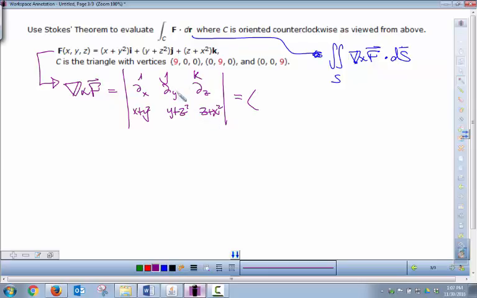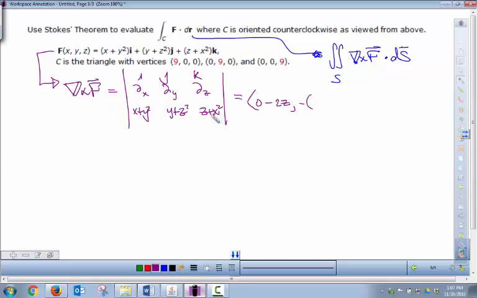And the first one is going to be the derivative of z plus x squared with respect to y. That's 0. Minus the derivative of y plus z squared with respect to z. So that's 2z. And then the middle term is going to be negative. I'll put negative there.